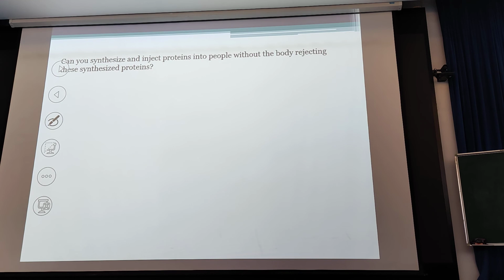We use proteins from bacteria, or enzyme-based proteins from bacteria, to multiply the human gene in the PCR. So can we produce a protein from another source that can be injected into our bodies?